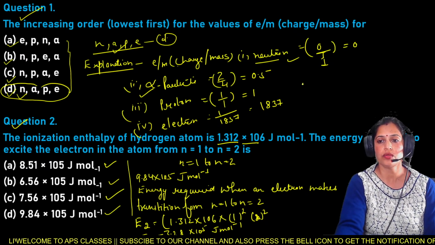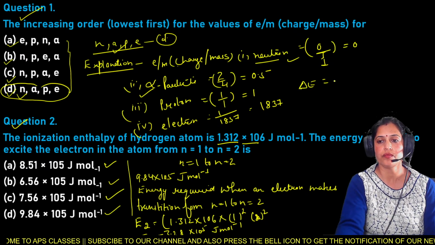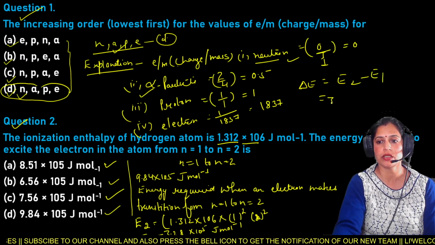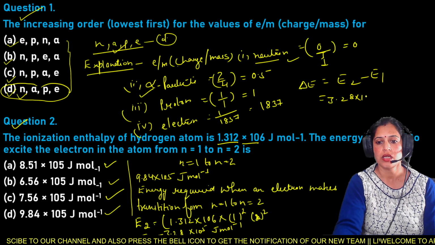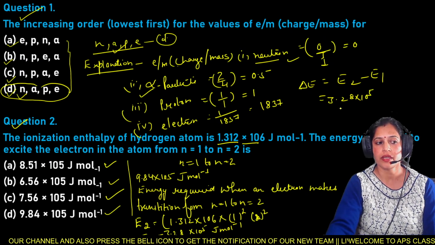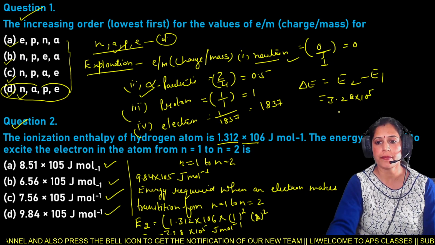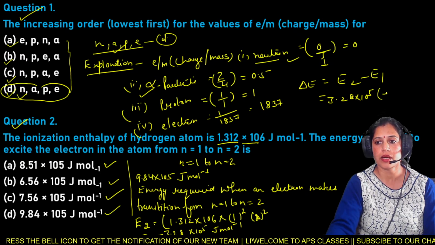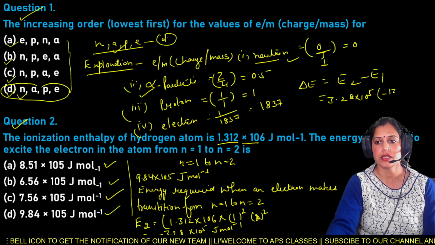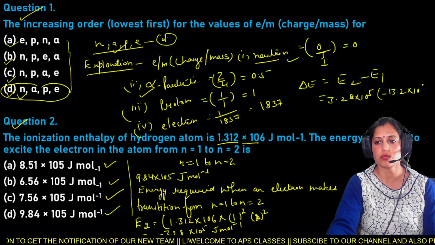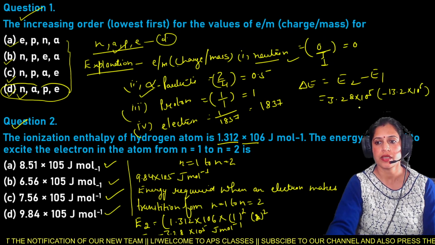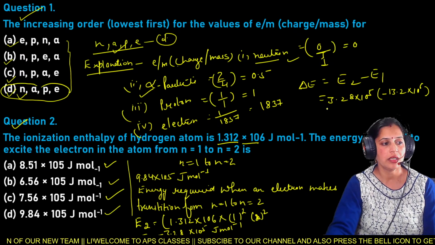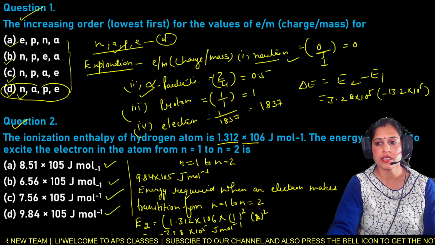And as we all know, delta E is equal to E2 minus E1. The value of E2 you know is minus 3.28 into 10 raised to power 5, and the value of E1 is minus 13.12 into 10 raised to power 5.